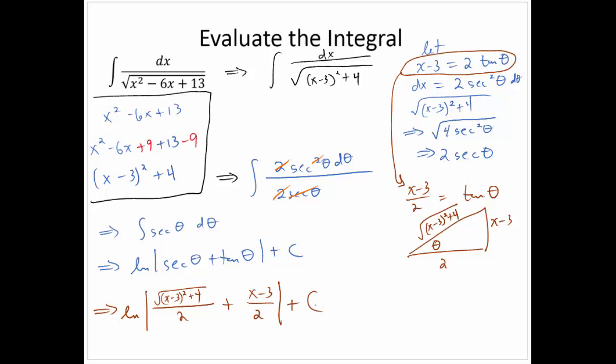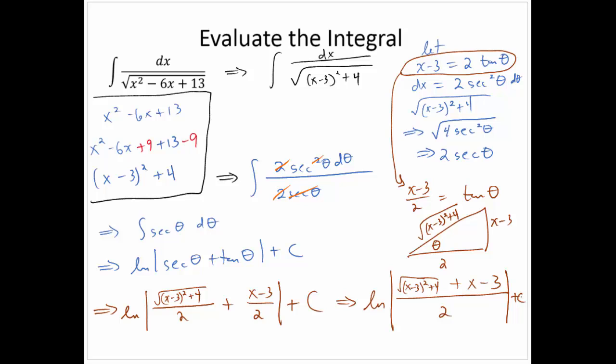Now, notice that these have a common denominator inside the absolute value, so I can write them as a single fraction. Natural log absolute value of the square root of x minus 3 squared plus 4 plus x minus 3, over 2, plus a constant.